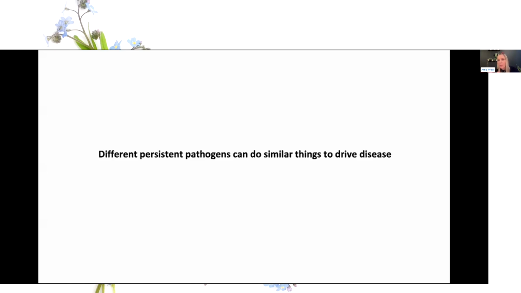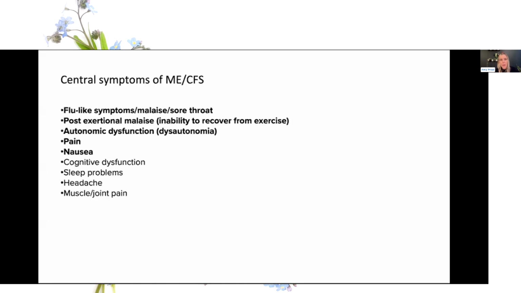And I think that's important when it comes to people who get diagnosed with ME/CFS. Where I want to go with this is that the central symptoms of ME/CFS are flu-like symptoms, the malaise, the sore throat, then the post-exertional malaise, or the total inability to recover from exercise, the autonomic dysfunction, the pain, the nausea, and then the cognitive dysfunction and the sleep problems.